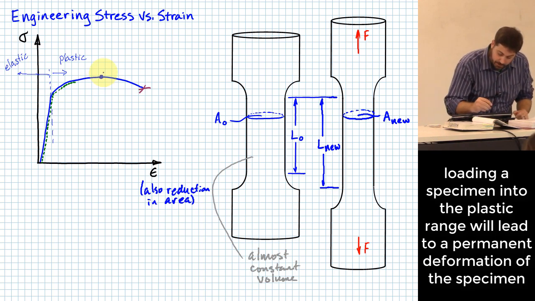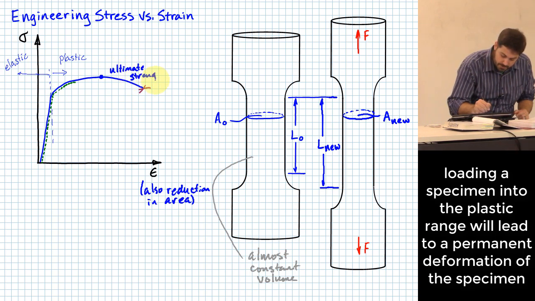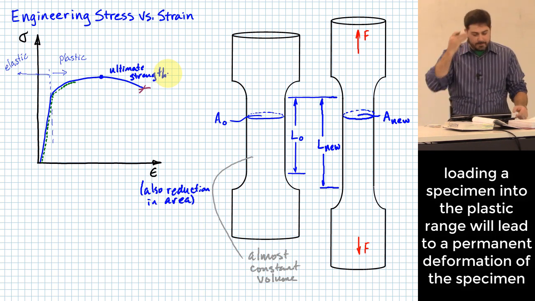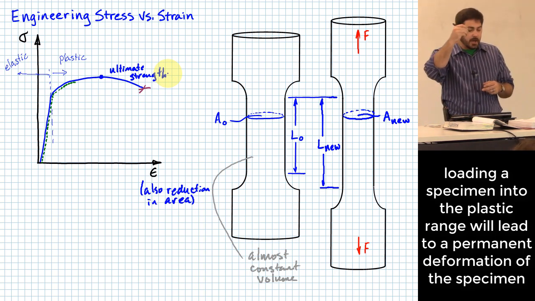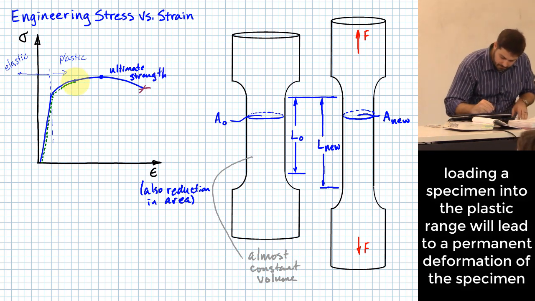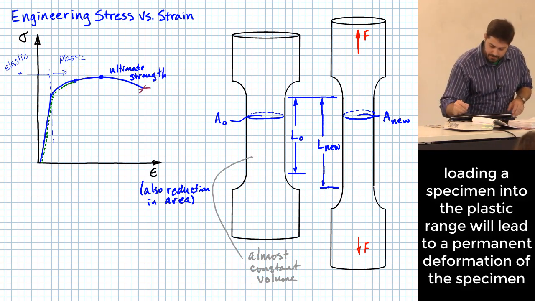We call this the ultimate strength for this material. Okay. What if I don't quite make it there and instead unload it once I get up to this point? What happens now?